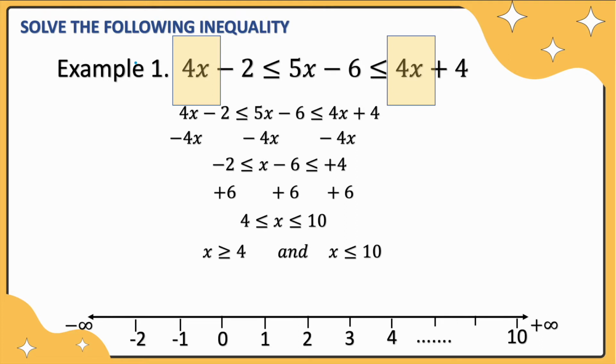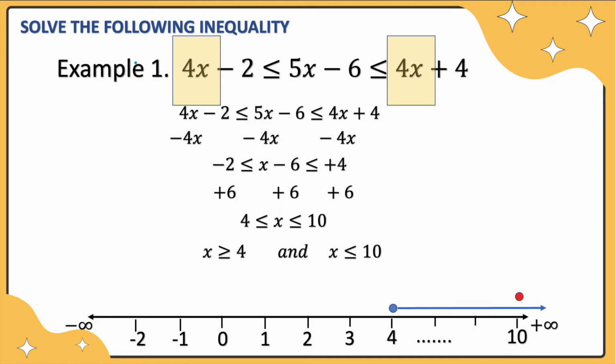So first, let's graph x greater than or equal to 4. Since 4 is included, we use a closed circle. Then shade all the values greater than 4, including 4. Next, let's graph x less than or equal to 10.